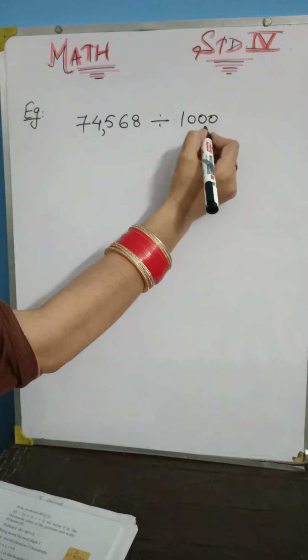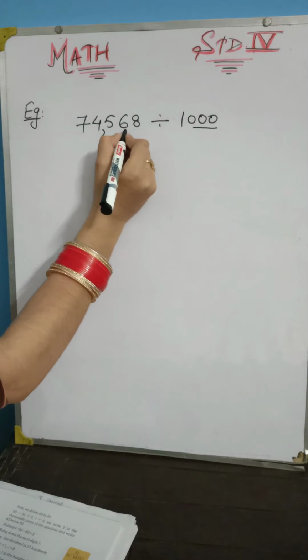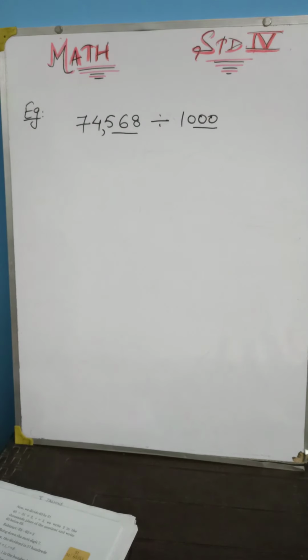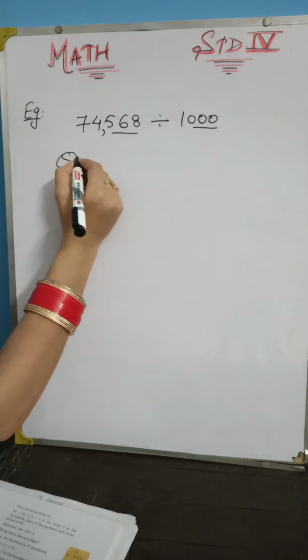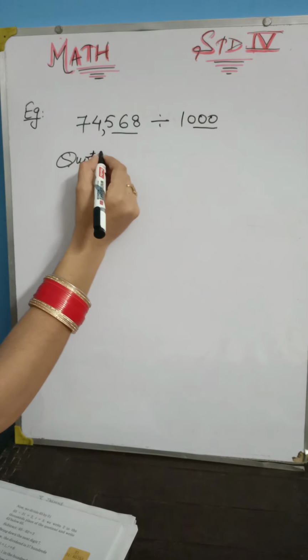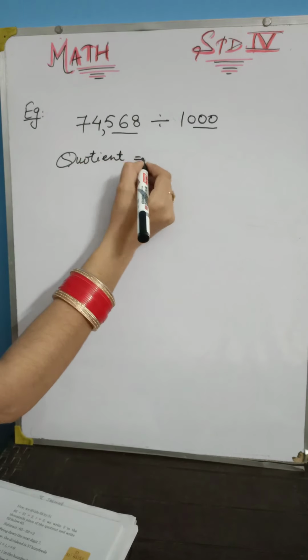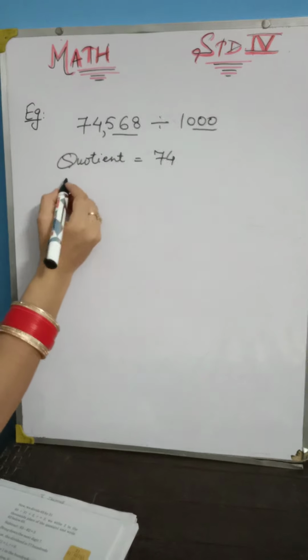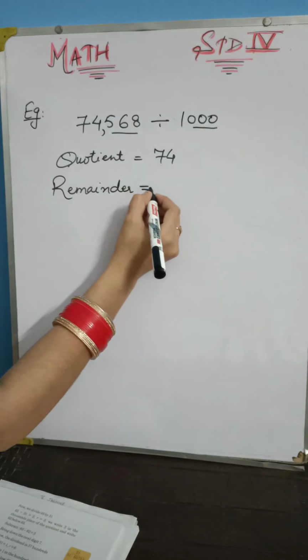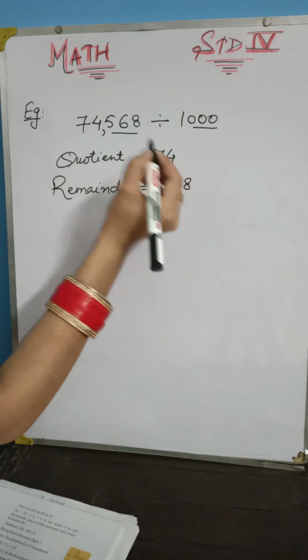What we'll do, first of all, we will count number of zeros. 1 2 3. 3 zeros are there. So 3 digits. So leaving these 3 digits, what are left now? 74. So your quotient is 74. And what is left? Remainder. Remainder is 568.